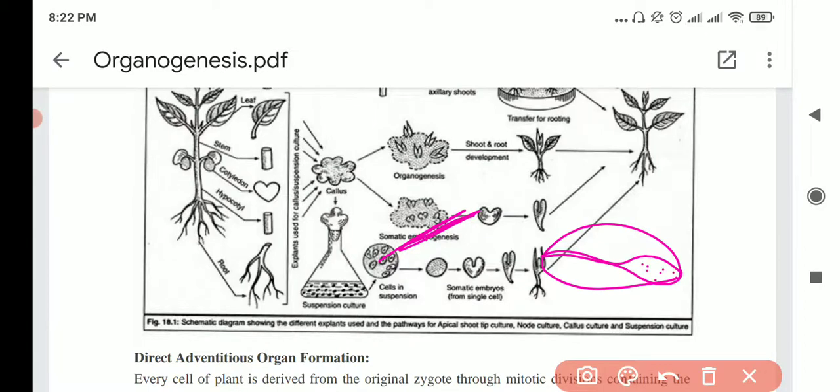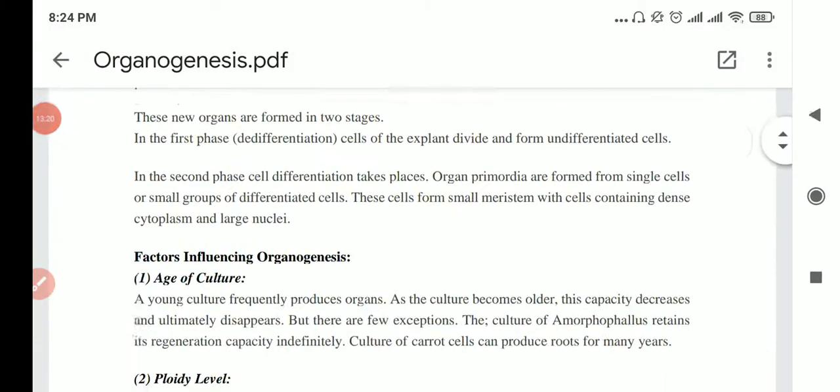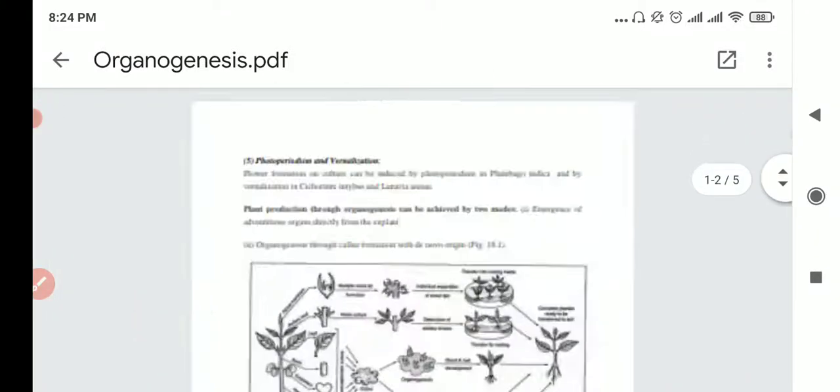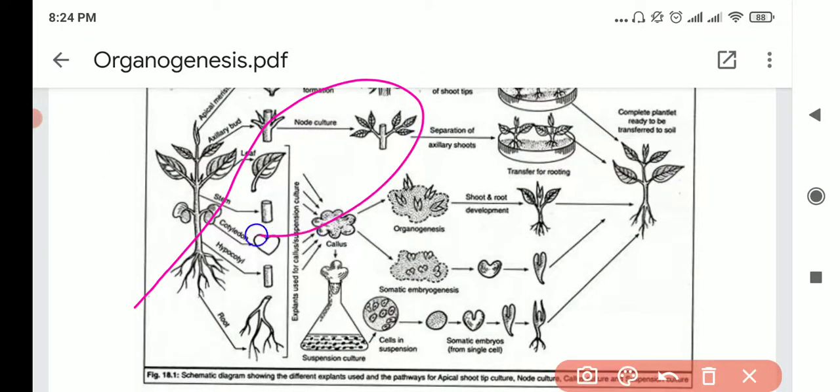I forgot. Then locate the embryo inside this. It was the endosperm. I had forgotten. You dissected the endosperm, no? This is the cellular endosperm, and inside it some of you got the heart-shaped embryo.